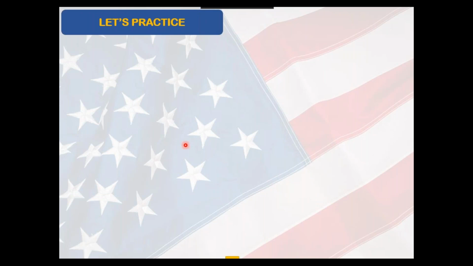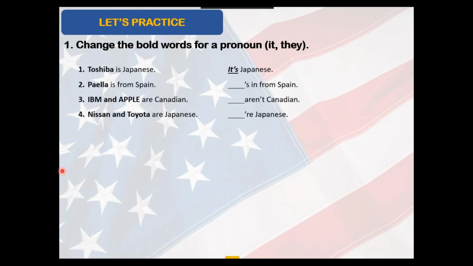Now let's continue and practice. Yes, let's practice this. We have to change the bold words for a pronoun. Okay? The bold words, vamos a poner a cambiar, okay, por un pronombre, it o they. Example, Toshiba. Toshiba is Japanese. We have to change Toshiba, okay, for a pronoun it or a pronoun they. Okay, Toshiba, singular, right? Only one Toshiba. It with a verb to be, it's Japanese. Paella is from Spain.